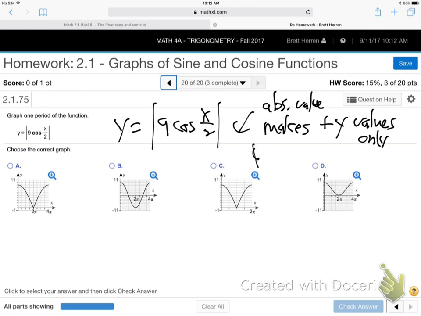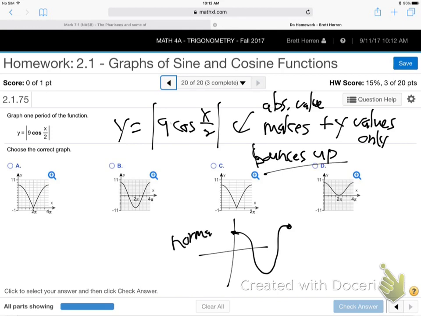So it bounces up, right? So notice normally cosine starts high, comes back. That's normal cosine. But instead, this graph will go, okay, start high, come down, boing. And this part, instead of going down, will then go like this.